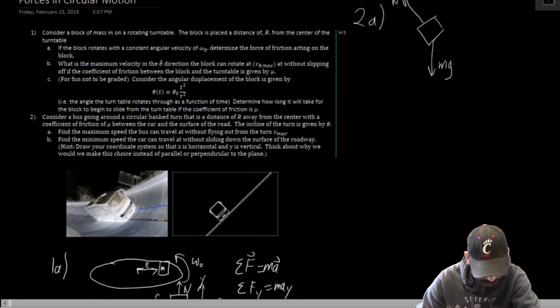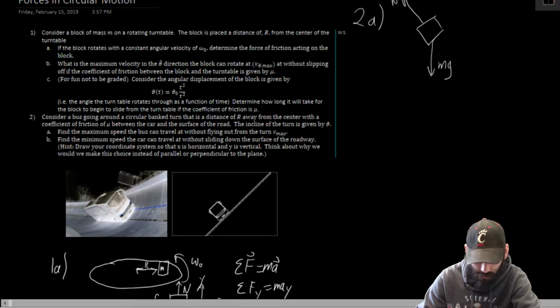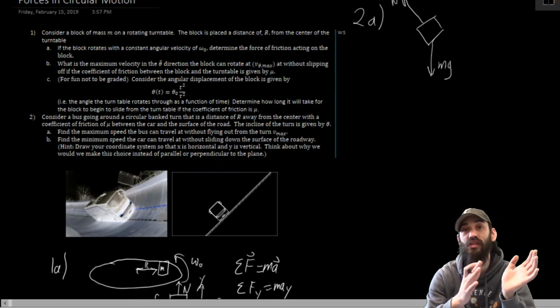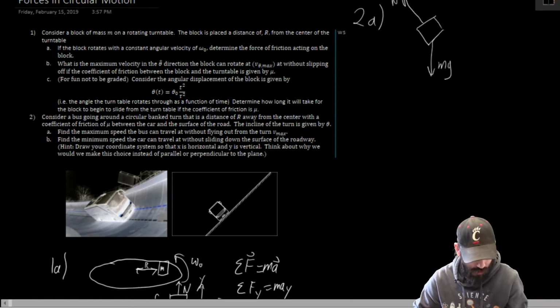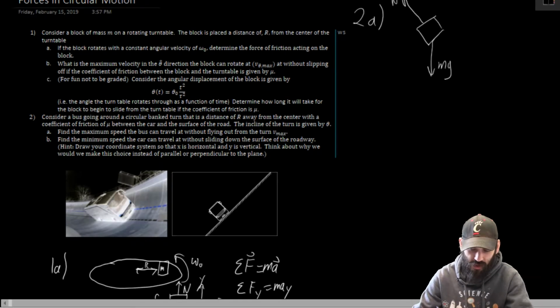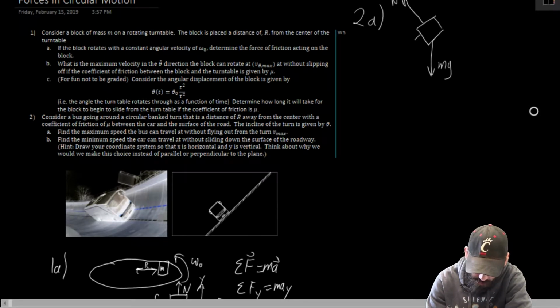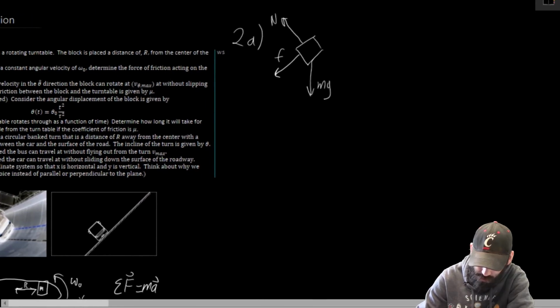Because if this is at some maximum speed, what's going to tend to happen is that the bus is going to slide out of the circle. That means the force of friction has to oppose that. Force of friction is going to be parallel to the plane, so the force of friction here is going to point in this direction. Okay, this is good.